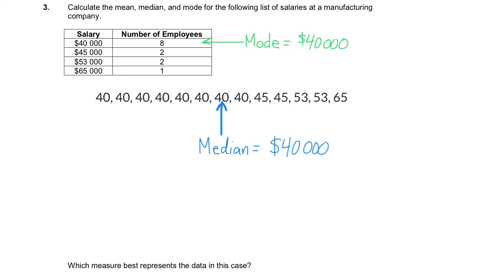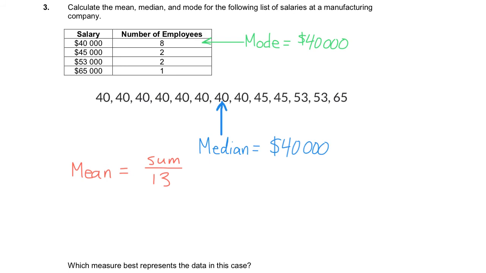Next, we'll calculate the mean. Again, we're going to take the sum of all our values and then divide by 13 because we have 13 values in our list. Now you could do 40,000 plus 40,000 plus 40,000 plus 40,000 plus 40,000, etc. Just add them all up like that.